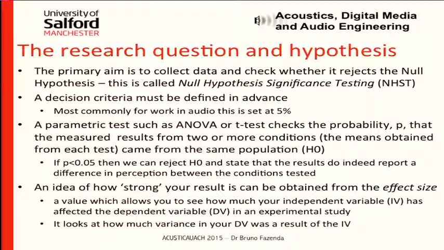Usually we use parametric tests, such as analysis of variance or a t-test, and what they do is check the probability, in this case probability P, that the two means we've measured differ by a significant amount, that they're not the same.